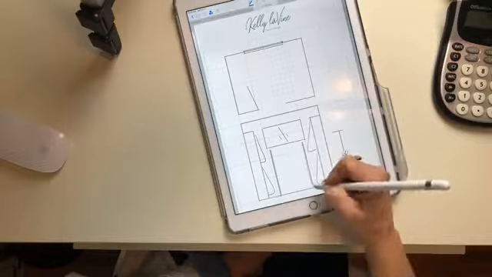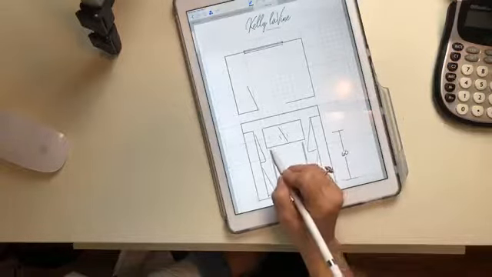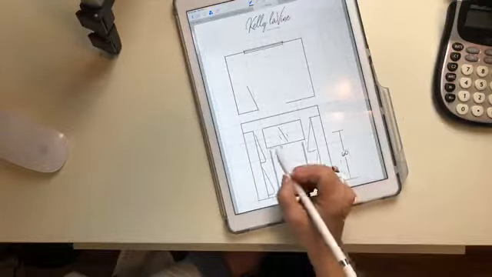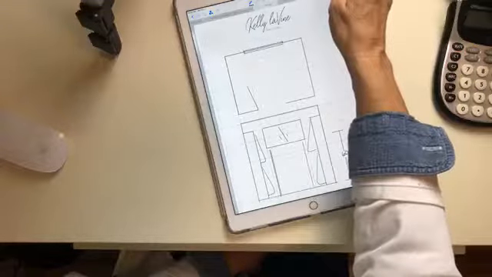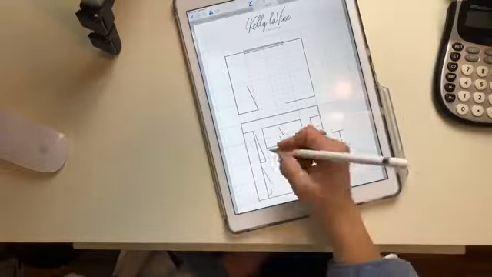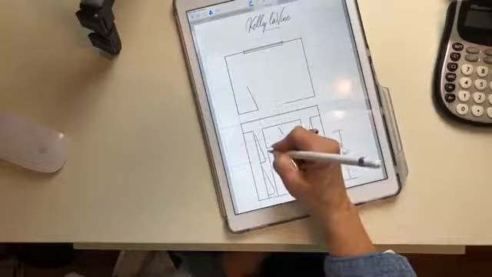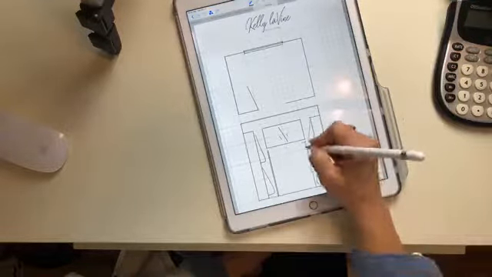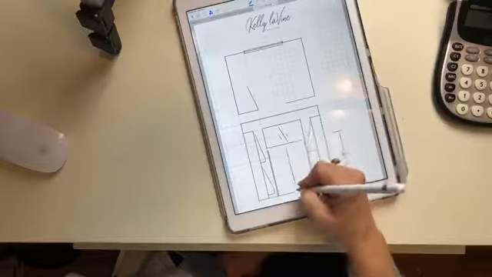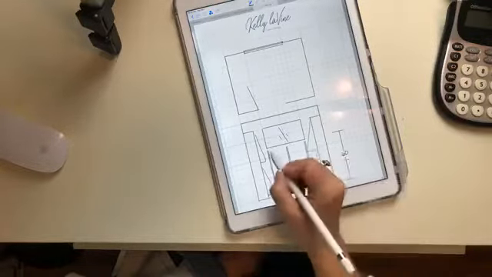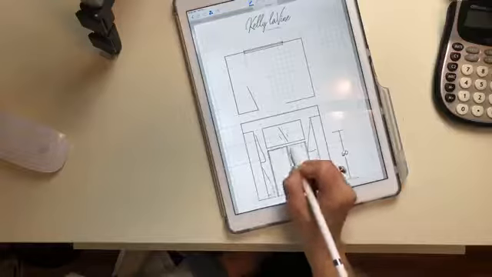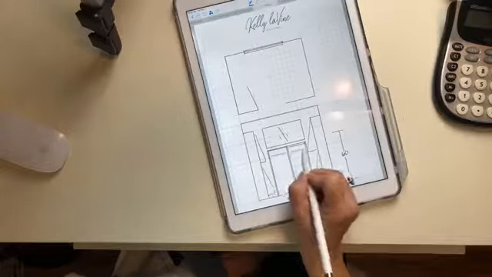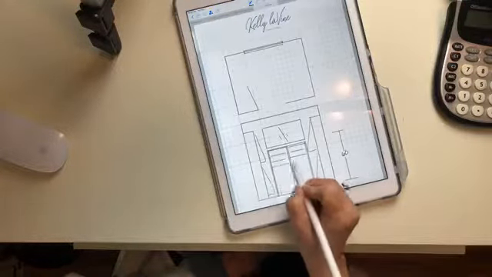And this is probably too big for one section the way I drew this, but there's a couple things. Let's do this first. If you wanted to put shoe shelves here, those aren't as deep, so you could go at 24 inches, and then get quite a few shoe shelves in here.